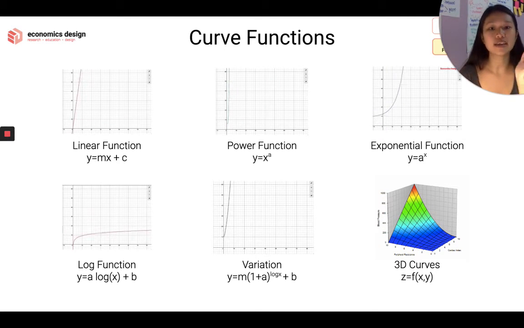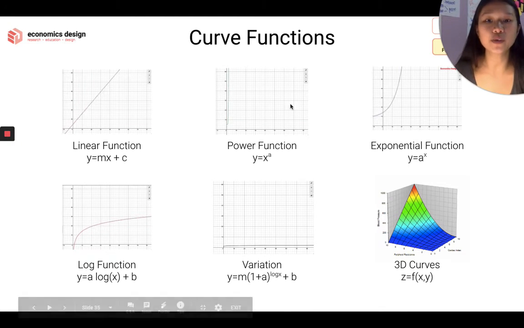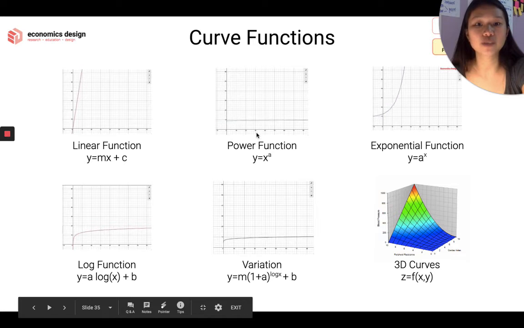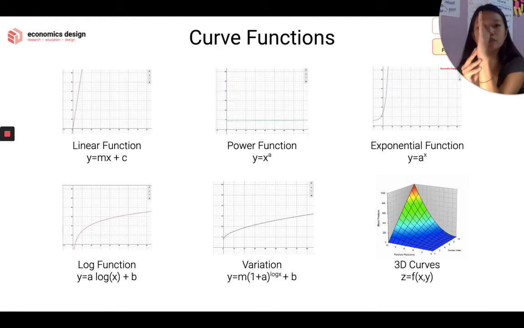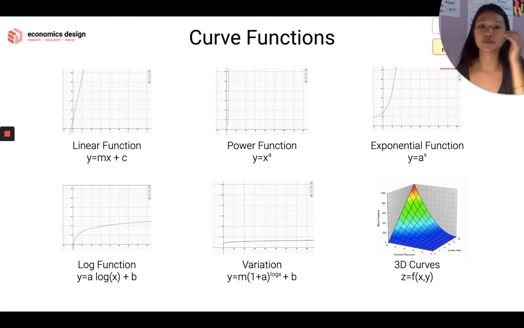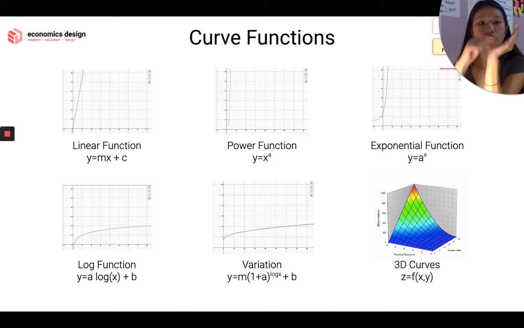The difference is that if a is very small, then you can see that it's super steep. And if a is much bigger, it gets more and more flat. So it depends: the curve can be super steep or super flat or just curvy.